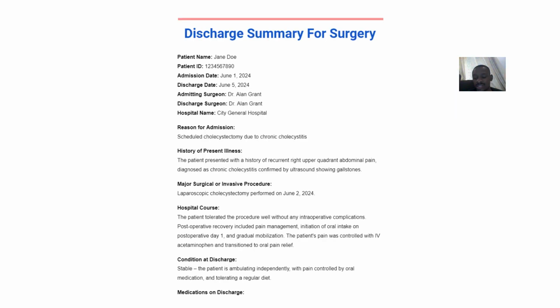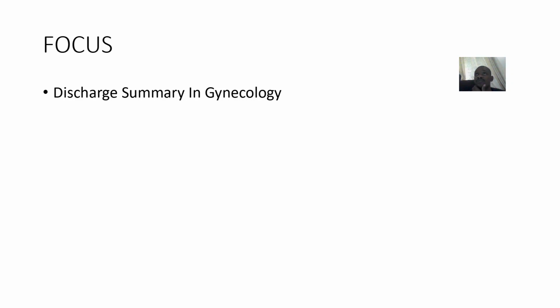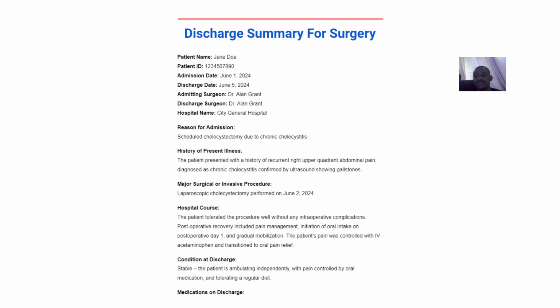So for this discharge summary, it's just a way of trying to summarize what the patient came with and at what condition you are discharging the patient, right? So this can help you the next time the patient comes to the hospital, or help the other hospital that the patient is transferred to, to know the previous conditions that were wrong with the patient and all of that.